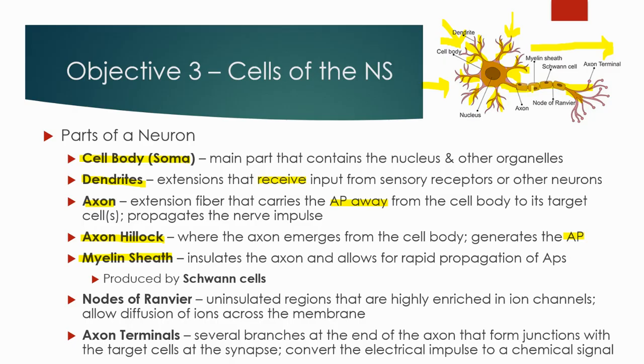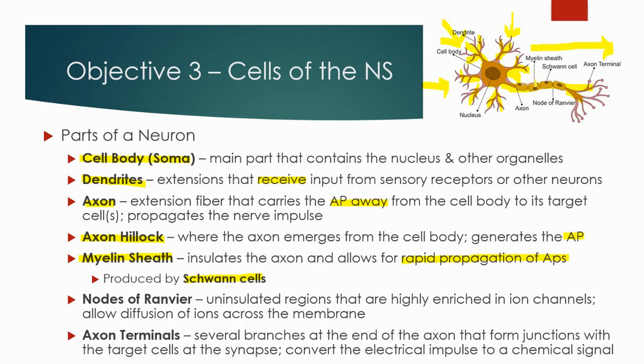It's produced by cells called Schwann cells, in the peripheral nervous system, and it wraps around the axon and insulates it. In addition, it speeds up the movement of the action potentials. When you have a myelinated axon, it allows the electrical signal to move more quickly down the axon.